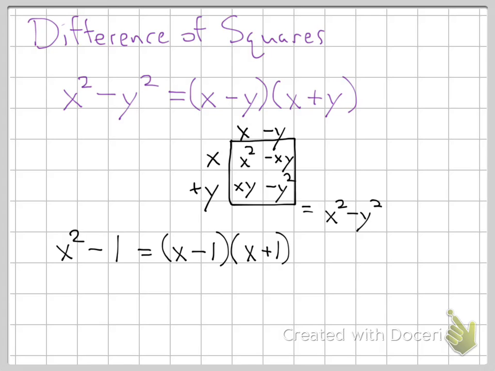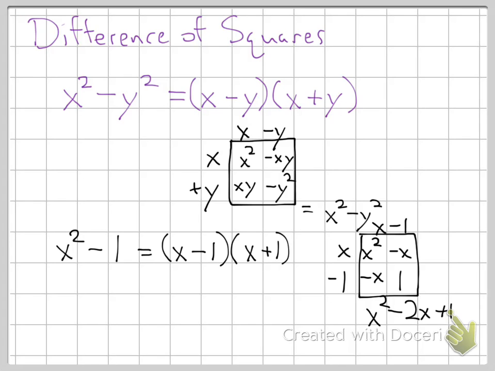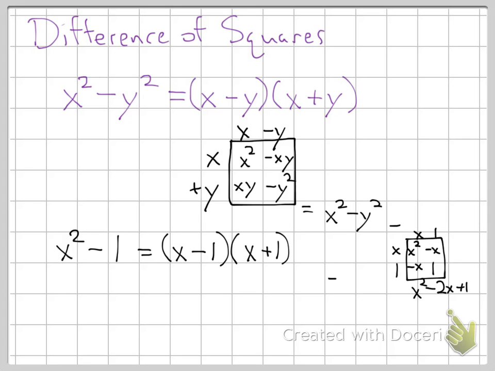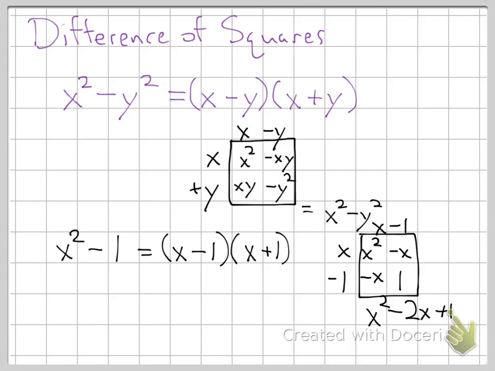If I did it with both negative, the problem would be it comes out to be x squared minus 2x plus 1, and it doesn't simplify back to it. We'll deal with these next week, where we multiply out and they don't end up being two terms, but for today, it's a special case that if we pick up that pattern now, it makes our process easier.